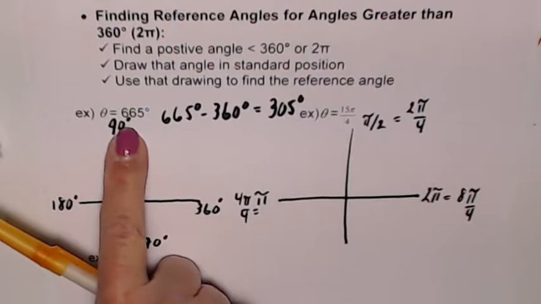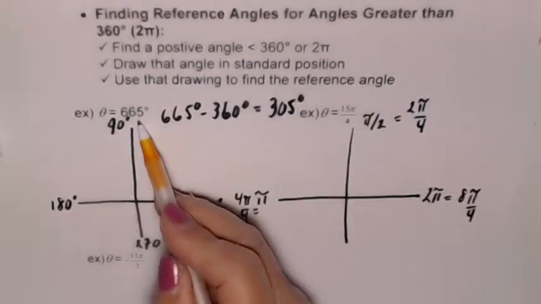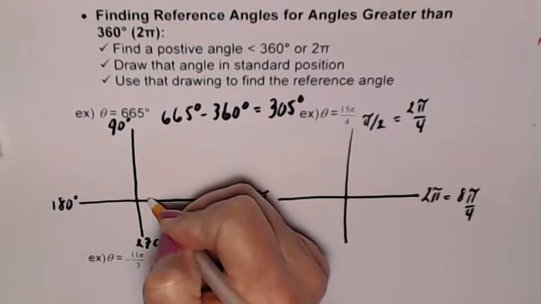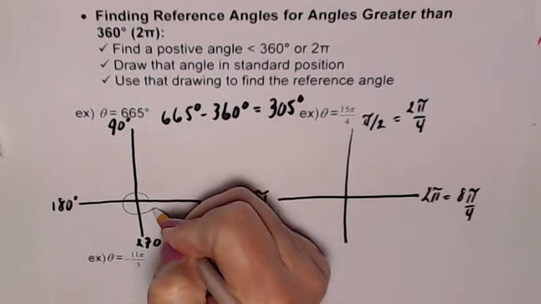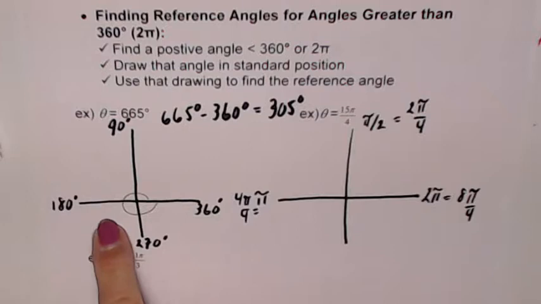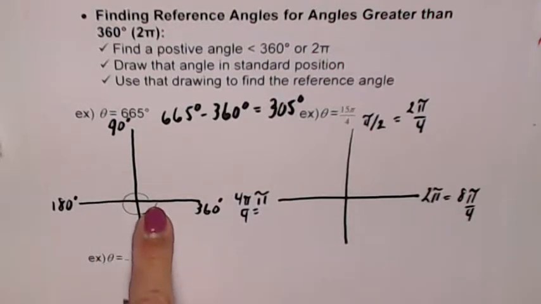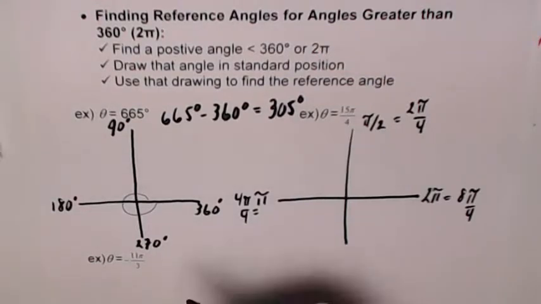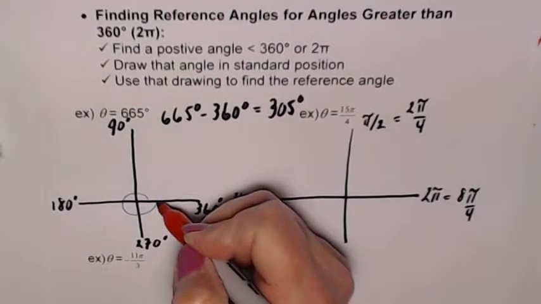Let's take a look at this graphically. So we know for 665, I'm going to do this in a lighter line so it doesn't make the drawing all that confusing. So there's how our theta starts out. We have one complete revolution, which we're going to basically pull out and ignore for finding our reference angle. Now from here, I'm going to continue this in red. So from here is our 360, and now we're going to go 305.